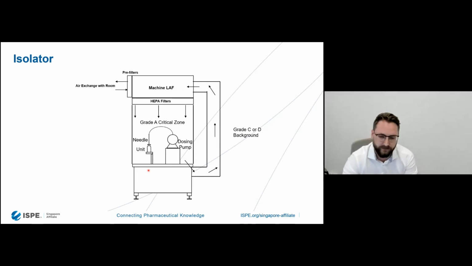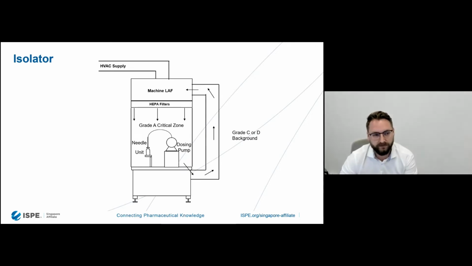As far as the drawbacks, the decontamination cycle will take a little bit longer, as you have to break down the H2O2 prior to running the line. So you'll have to run it over a catalyst, which breaks down the H2O2 into oxygen and water. And this generally takes a few hours, depending on the size of the isolator itself.